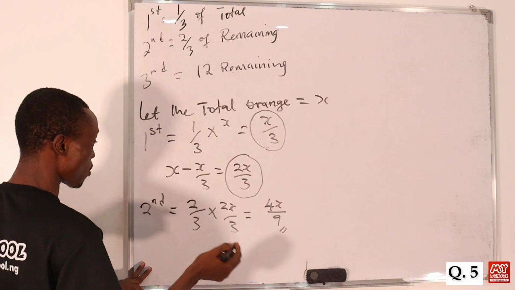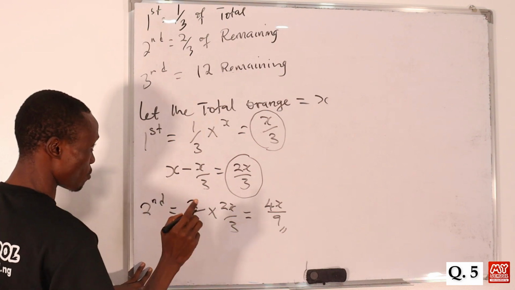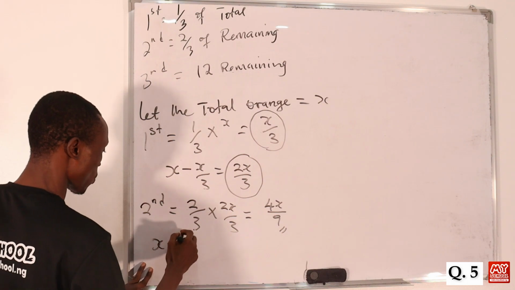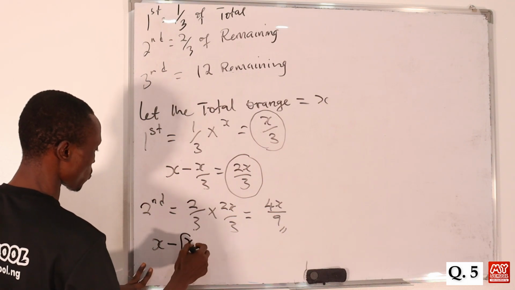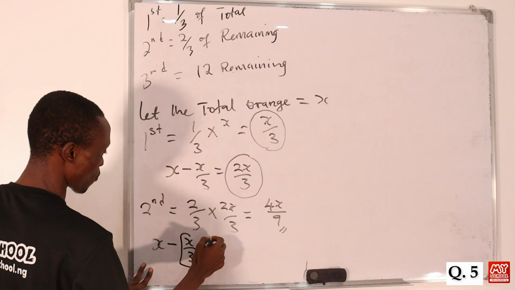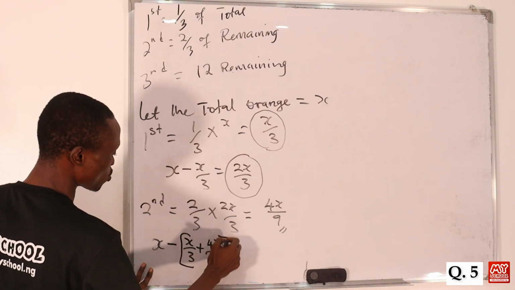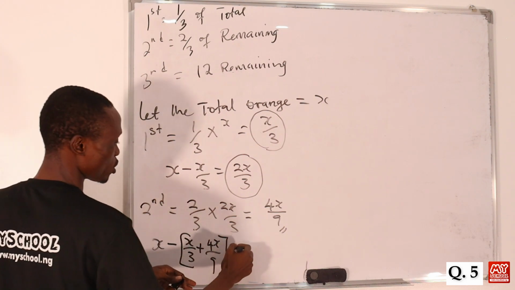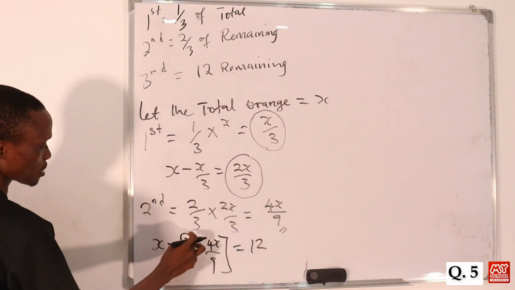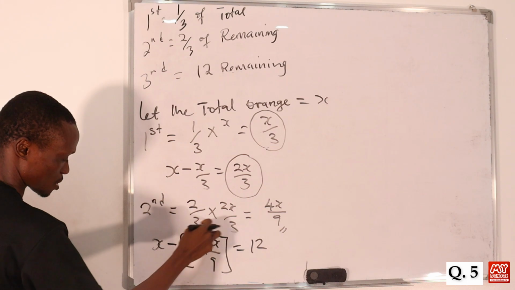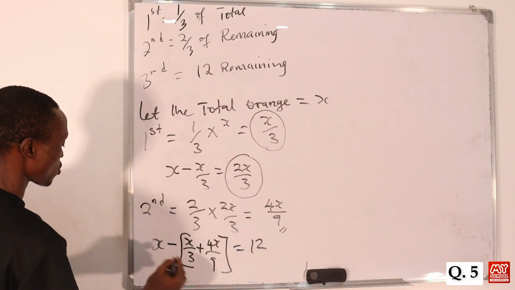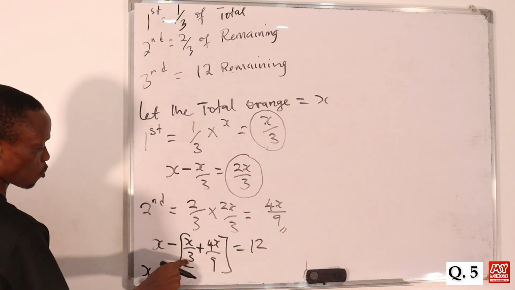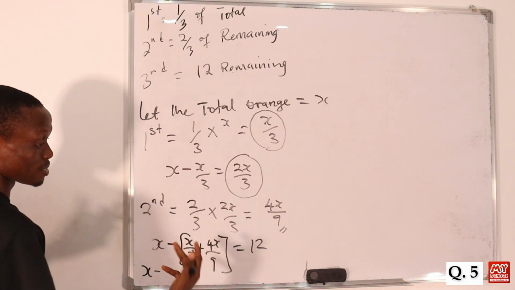So in order for us to do that, remember the total number of oranges is x, so let's calculate what is left. That will be x minus, in bracket, x over 3 plus 4x all over 9. This will be equal to what is remaining, which the third person received, which is 12. So let's simplify what we have inside the bracket first. The LCM of 3 and 9 is 9.